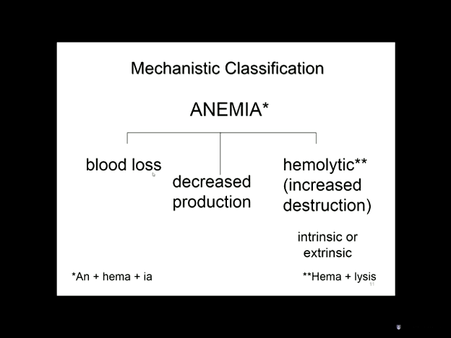So if you lose blood, you have one type of anemia. If there's decreased production for any number of reasons, and we'll go through the important ones, it's that decreased production type anemia, and finally, increased destruction, also called hemolytic, okay? So hemolysis and increased destruction go together. It means the same thing.